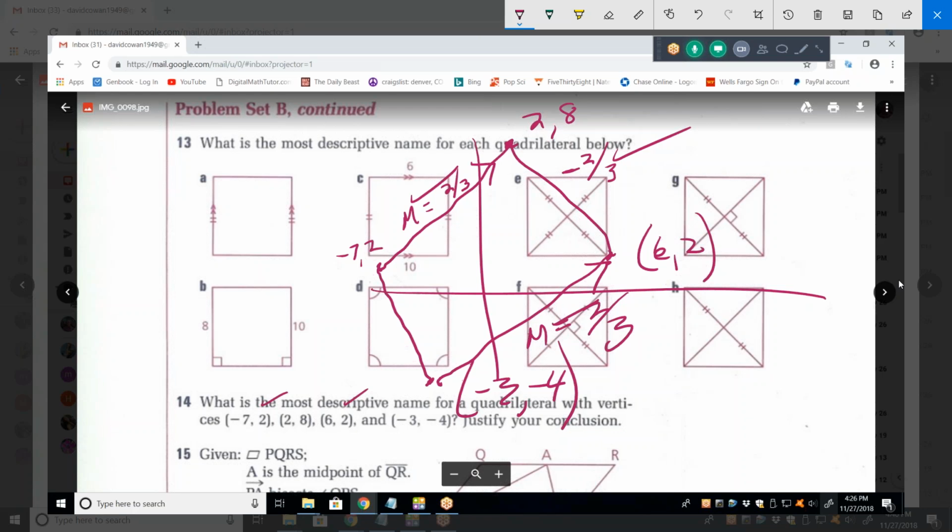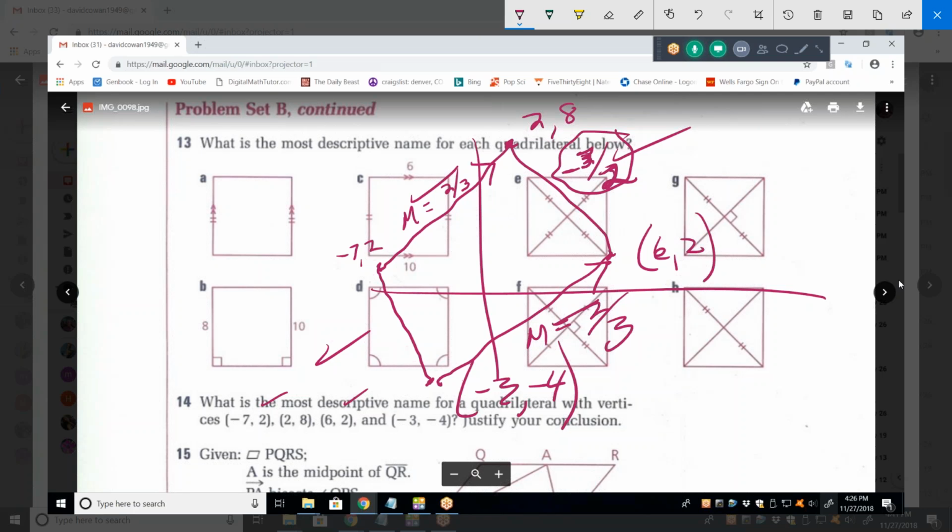Hold on. I think you made a mistake in your math. First of all, did you get negative 2/3 for up here? I get 6 over negative 4. That's negative 3/2, not negative 2/3. And then for this line, the lower left one, what do you get for that slope? 6 over negative 4.